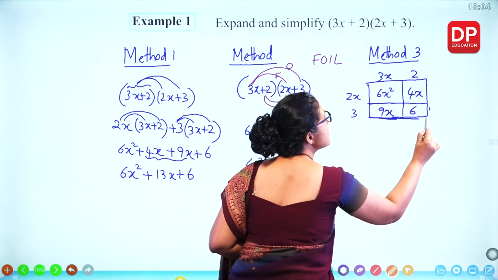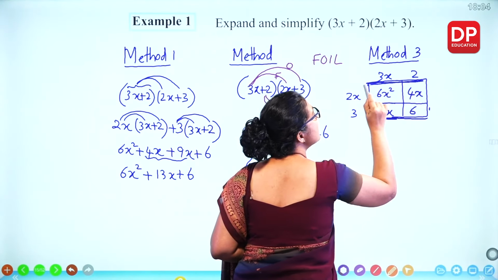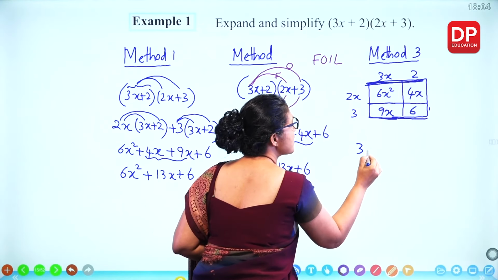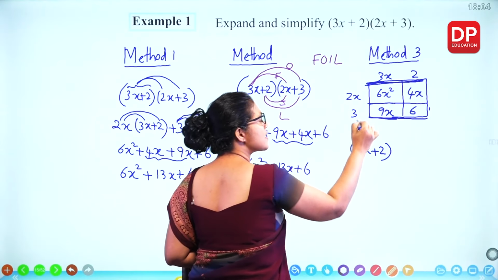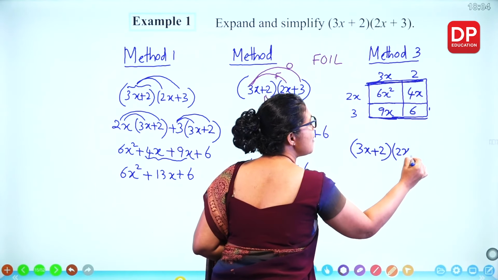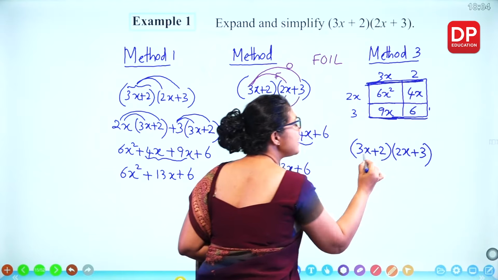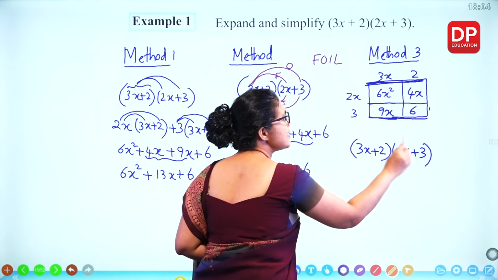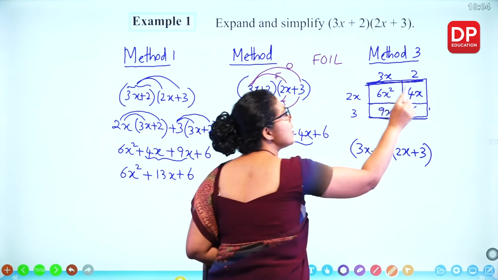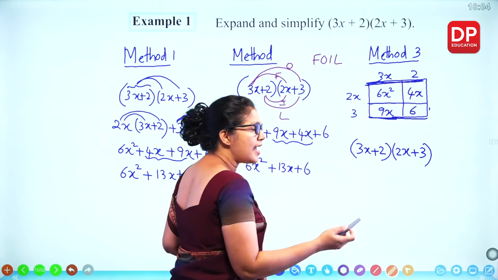In this full rectangle, what's the length? Length is 3x plus 2. What's the width here? 2x plus 3. When you are multiplying length into breadth, what you get? That is the expansion. So the inside areas are equal to that.